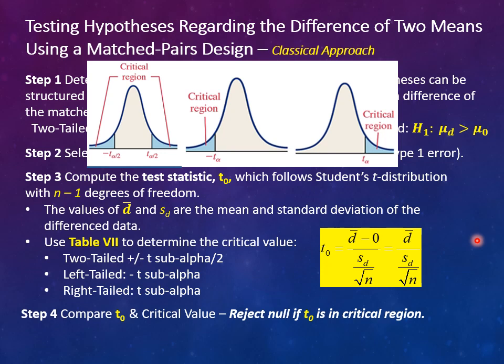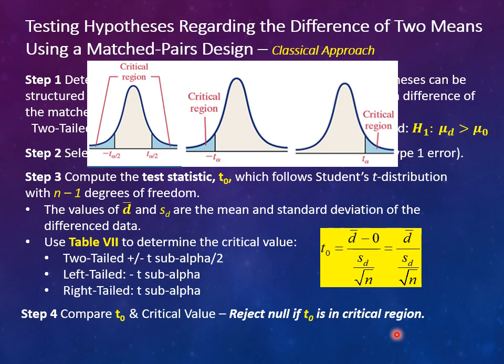But then we look at our test statistic t sub naught, and then compare it with the critical value, which is either plus or minus t sub alpha over 2, or positive or negative t sub alpha, as you can see in all of these places.